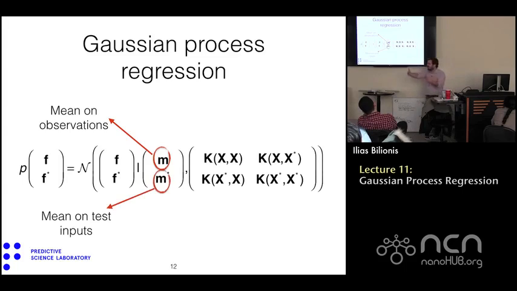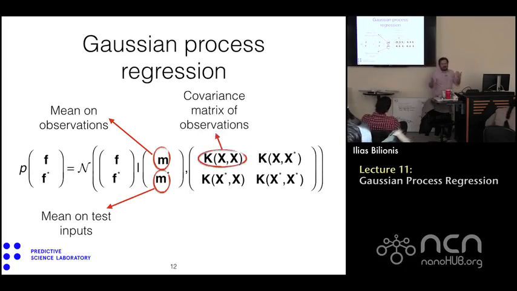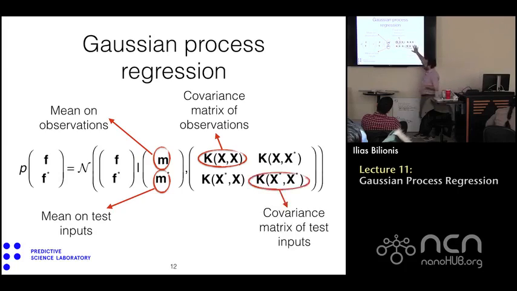The m star is the mean function evaluated at the test inputs or the hypothetical inputs, okay, which are arbitrary. And then the covariance matrix consists of 4 blocks. This block right here is the covariance matrix of your observed inputs. Okay, so it's the covariance function evaluated at all pairwise combinations of the observed inputs. This diagonal term at the bottom is the covariance function evaluated at all pairwise combinations of the test inputs. Okay, so it's just like this guy, but this guy uses the test data.